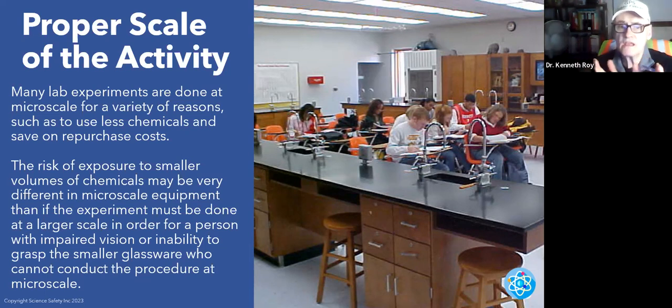Well, here you're thinking, oh yeah, microscale, that's great. But yet, for this person with impaired vision or inability to grasp, to hold on, they need larger pieces of equipment, right? So again, one size does not fit all.